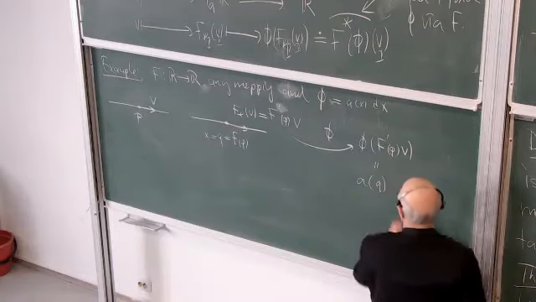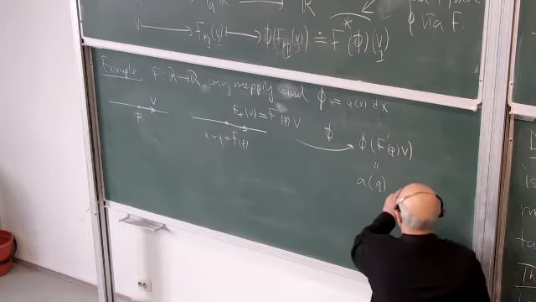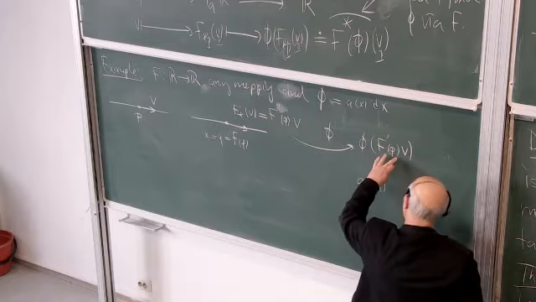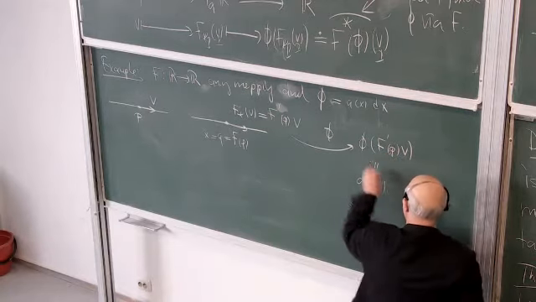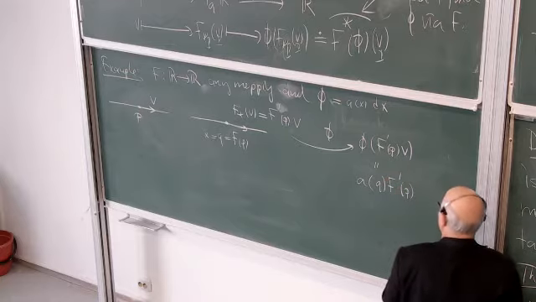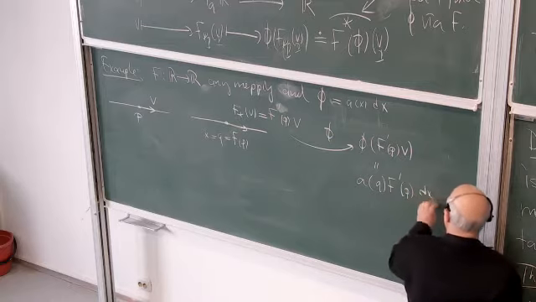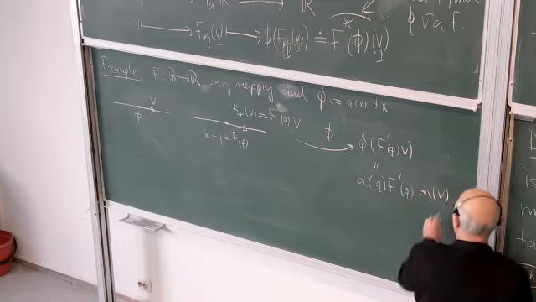So aq, and then I have dx evaluated on this. Also this is a real number. It goes out. So f prime at p, and then I have just dx evaluated on this vector.